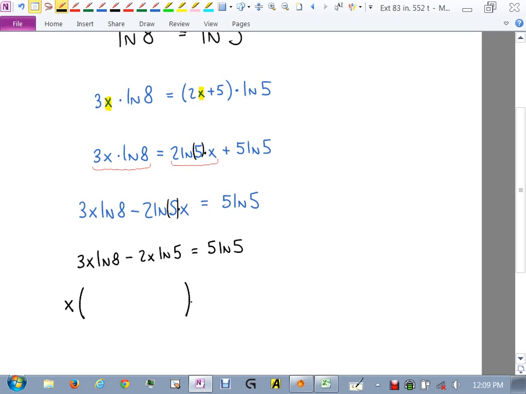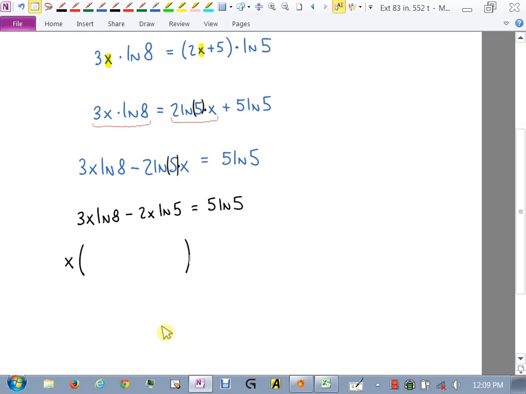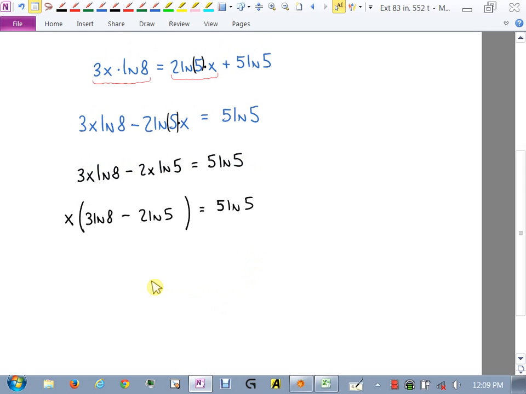I'm so hungry. Okay. I'm pulling an x out of this. What's left? 3 ln 8 minus 2 ln 5 equals 5 ln 5. Now, believe it or not, this is all a number, right?